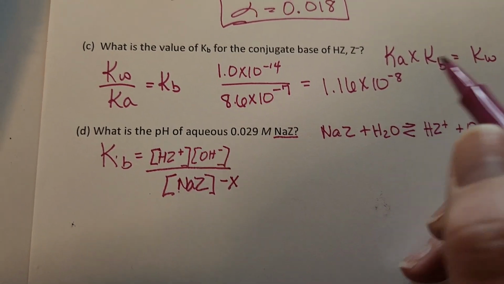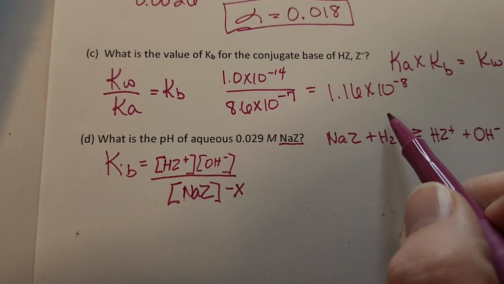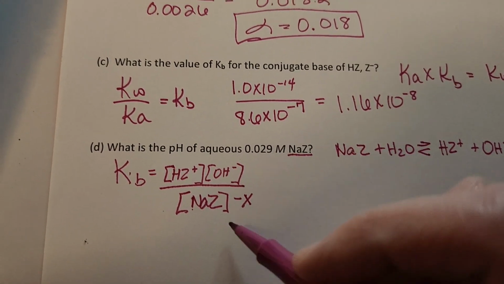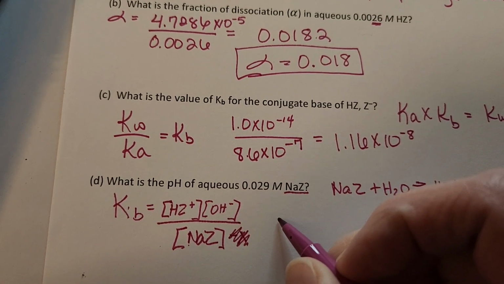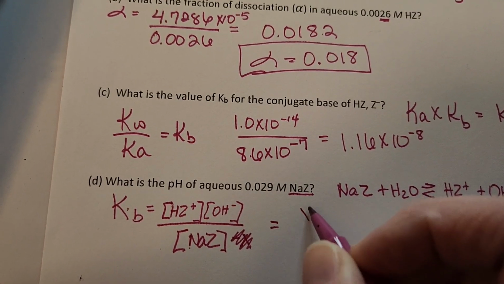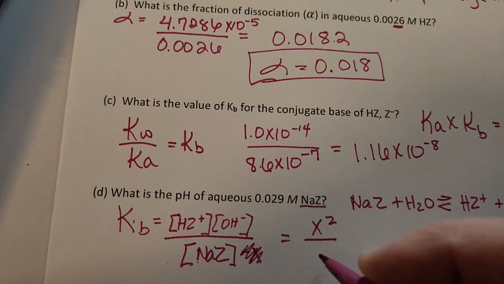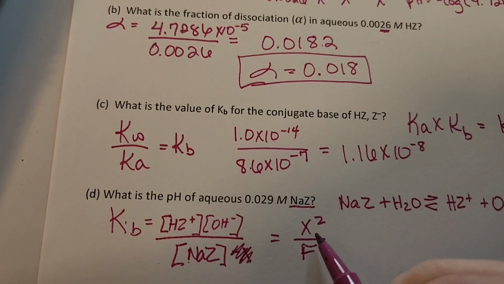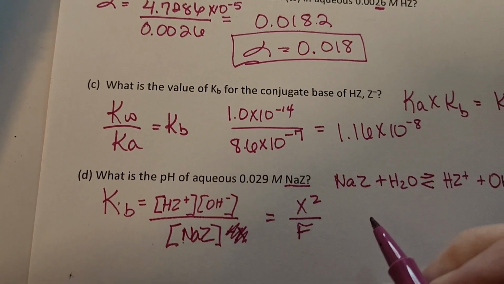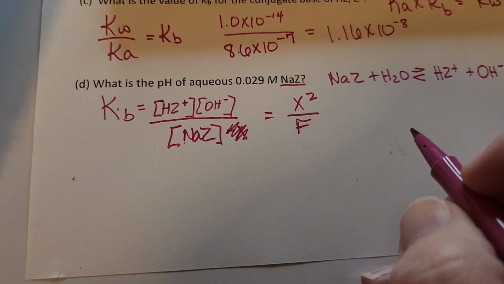And again, we've got a Kb value that is less than 10 to the negative 4, so we're just going to get rid of this little guy here. And then we're going to say Kb is equal to X squared over F, because remember our concentration is F. And then we're just going to sub in some values and then plug it into the calculator.